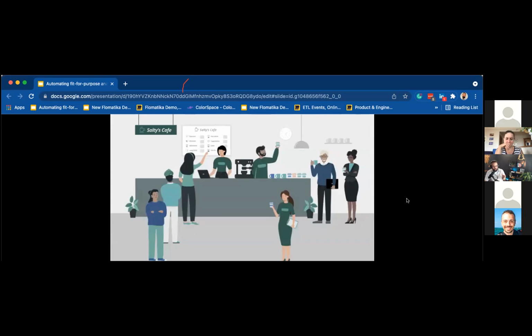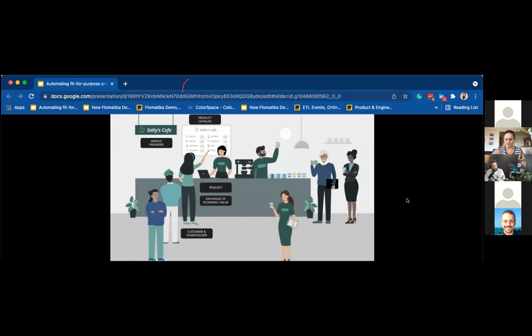So if you look at another example, maybe from hospitality, for instance, let's say we are in a cafe. Imagine there's the service provider, in this case, Salty's Cafe. And then there's a product catalog that customers understand, using customer language, that they desire and can request from. There are the customer and stakeholders themselves. There's a request.